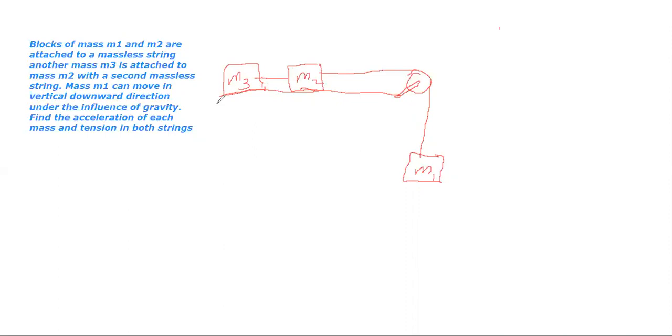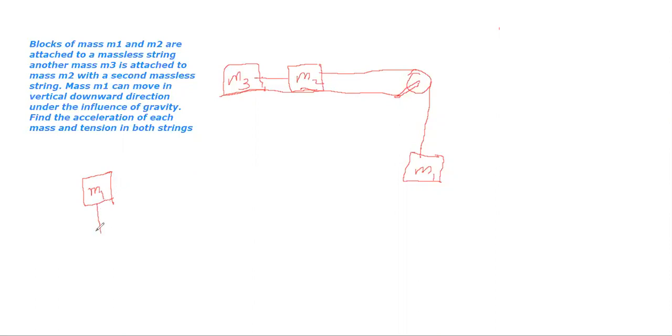Okay, so first we need to do the free body diagram for all blocks. So let us take block m1 initially. We have m1 which can move freely downwards under the influence of gravity.